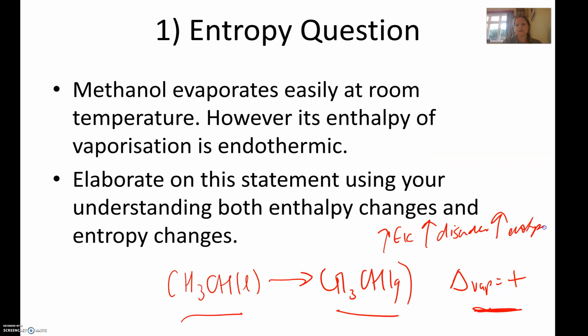So the entropy of the system is increasing, despite the entropy of the surroundings decreasing, being an endothermic reaction. So the only way that this is possible, to get a negative G by doing H minus TS, is that the S must be having a much bigger influence here than the H to produce a negative value.